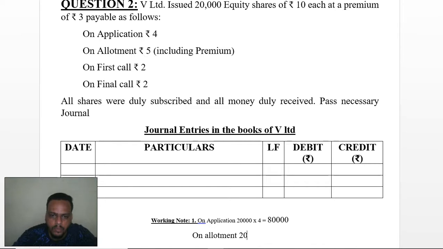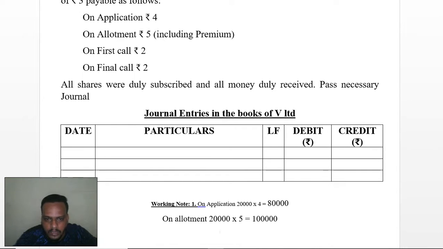On allotment you have 20,000 shares, but the amount is very much clear, 5 rupees. So 2 fives are 10, meaning 1 lakh rupees has to be received. Out of that it has been mentioned including premium. Now you have to bifurcate these two things.